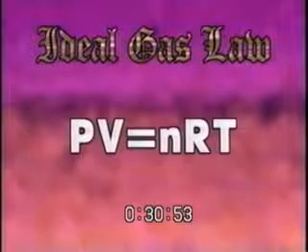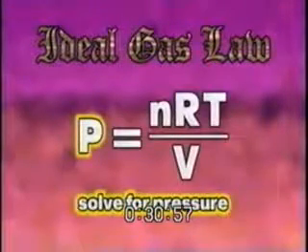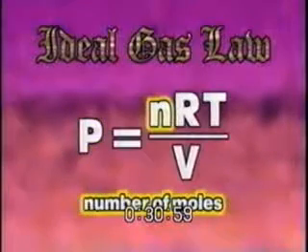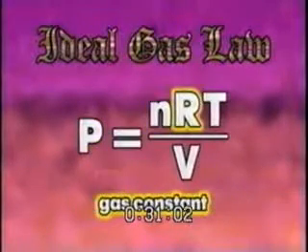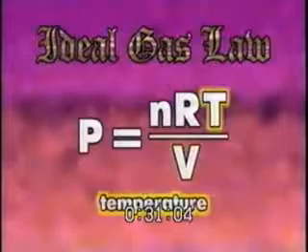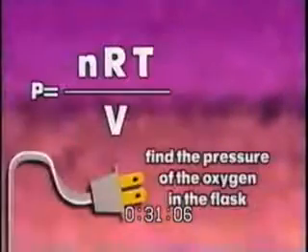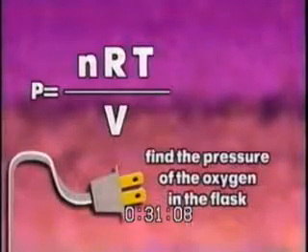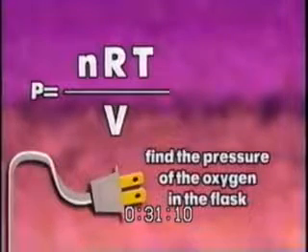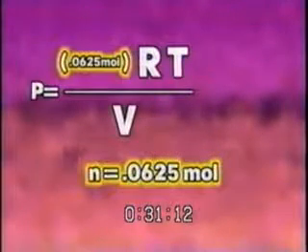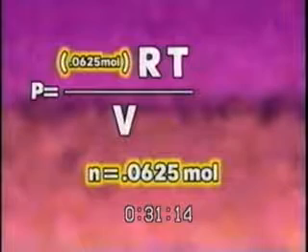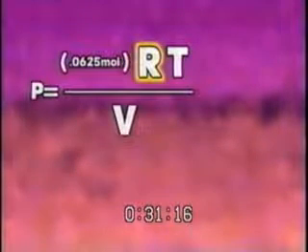Remember, the ideal gas law, PERV-NERT, is rearranged to solve for pressure. Pressure equals the quantity of the number of moles times the gas constant times the temperature divided by the volume. Now let's plug the numbers into our equation to find the pressure of the oxygen in the flask. The pressure equals the quantity 0.0625 moles times the gas constant.